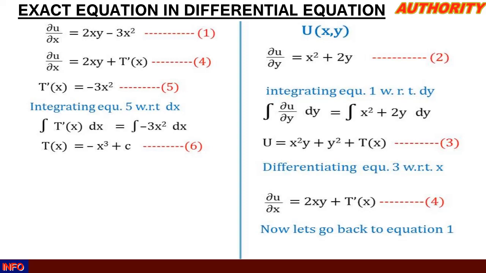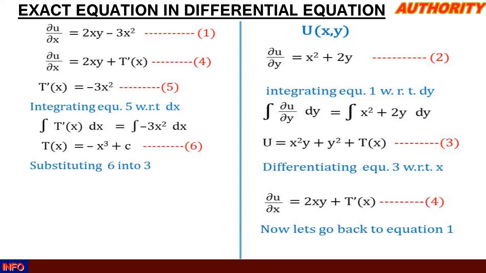So in equation 3, we are actually looking for t of x, and we have found our t of x. So we're going to substitute equation 6 into equation 3.